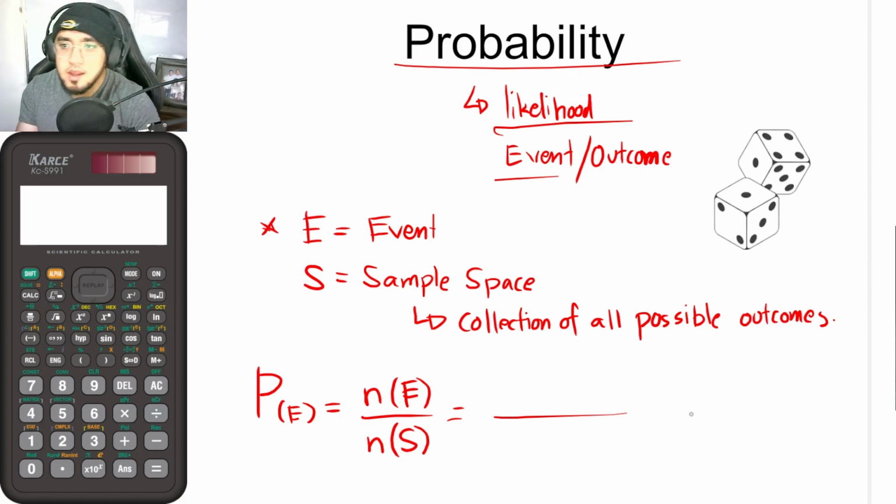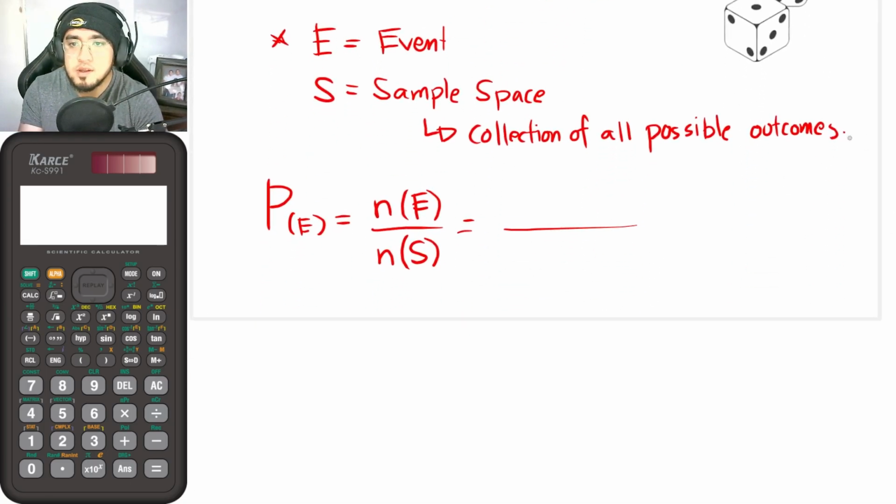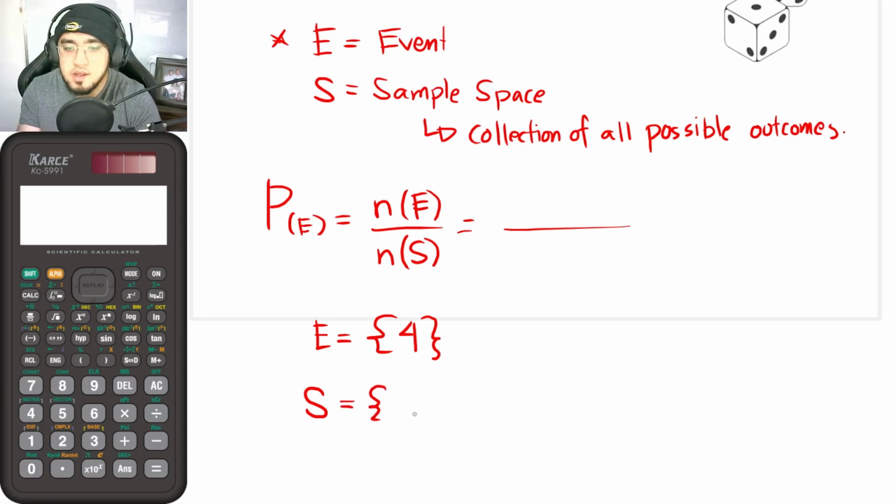The probability of getting a result of 4 when rolling one die: for the event, we are solving for the probability that 4 would occur. For the total sample space, if we list all of them: 1, 2, 3, 4, 5, and 6. Counting these, we have 6 total outcomes.